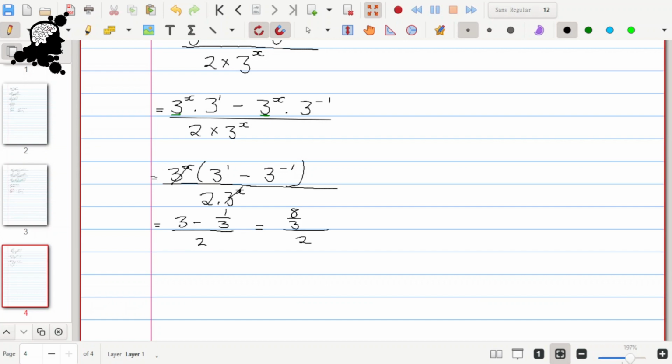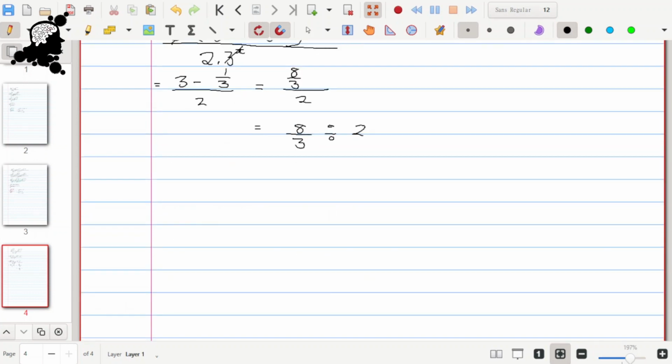I do not like how this is looking, so I'm just going to write it as 8 over 3 divided by 2, which is the same as saying 8 over 3 multiplied by 1 over 2, and this is just going to give me 4 over 3 as an answer, and there we are, we are done. Notice that the exponents of the bases are positive, so you're good to go. I hope that this one made sense to you guys.